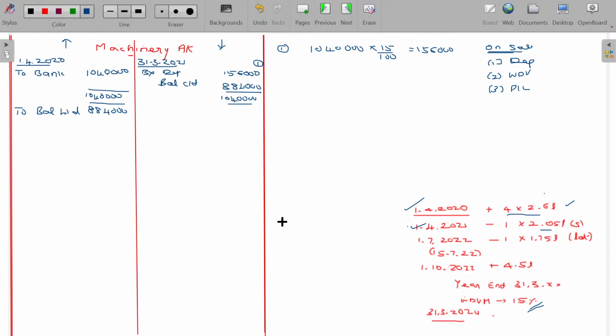Let's see. For this asset, on 1/4/2020, the original value is 2,60,000.